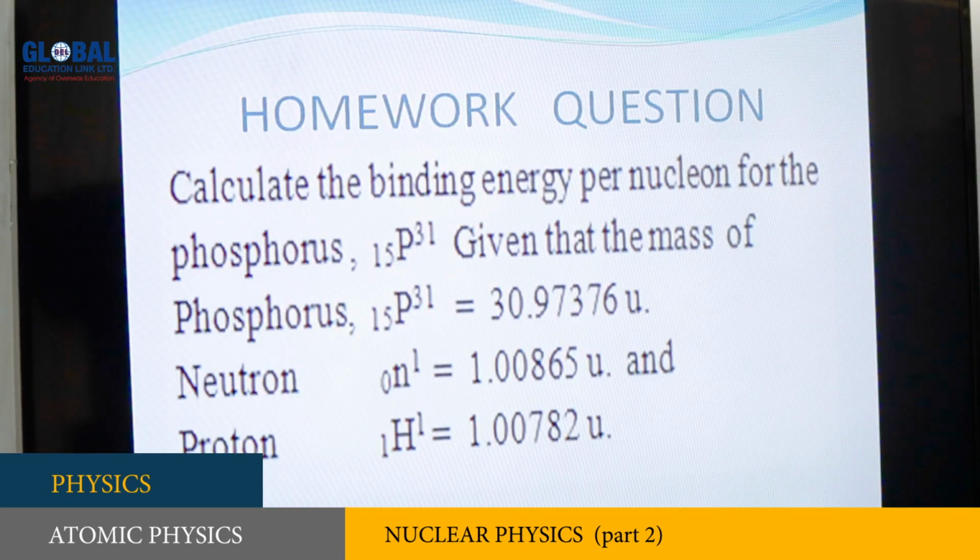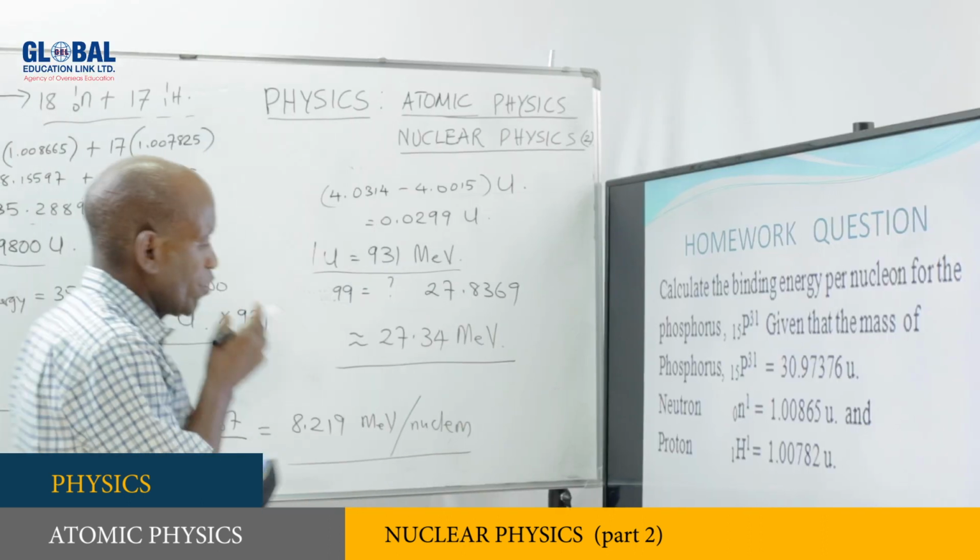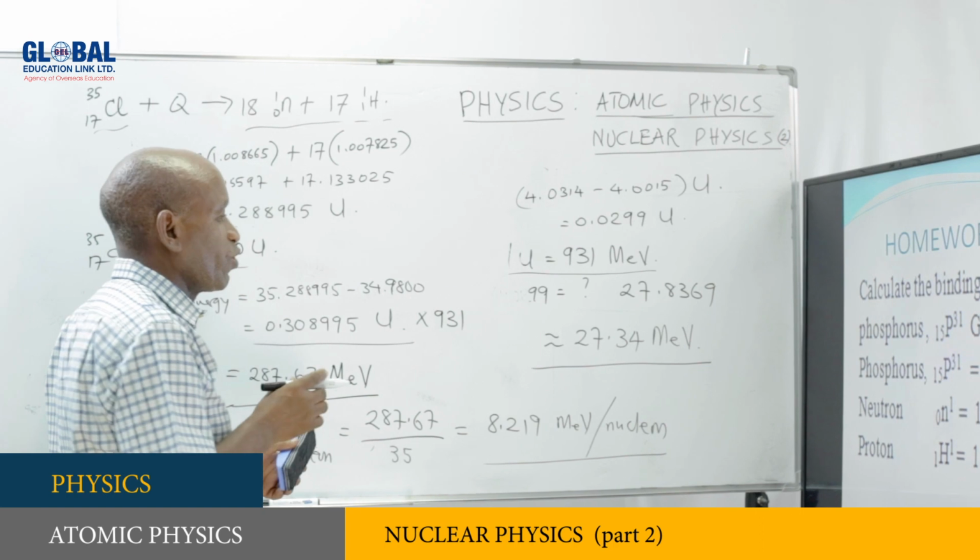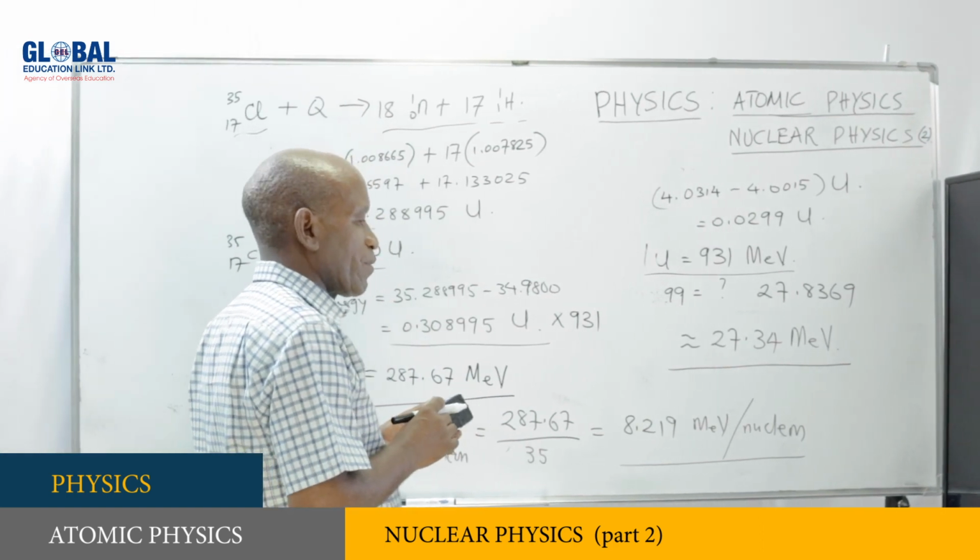Calculate the binding energy per nucleon for the phosphorus 31 15, given that the mass of a phosphorus is 30.97376 atomic mass unit U. The mass of a neutron is 1.00865 unified atomic mass, and for a proton is 1.00782 unified atomic mass. So you really have to go through the same process.